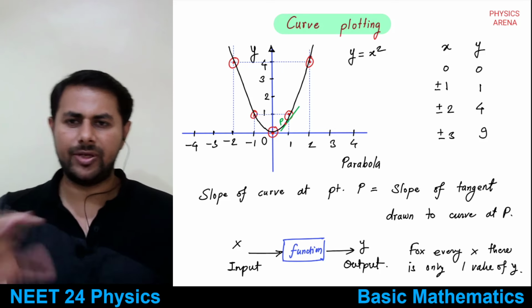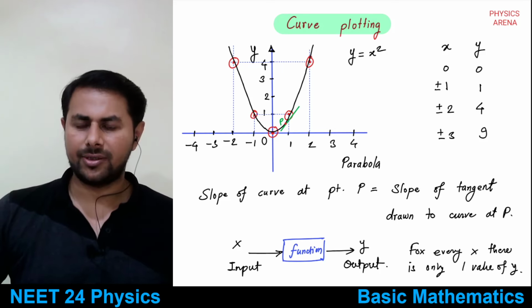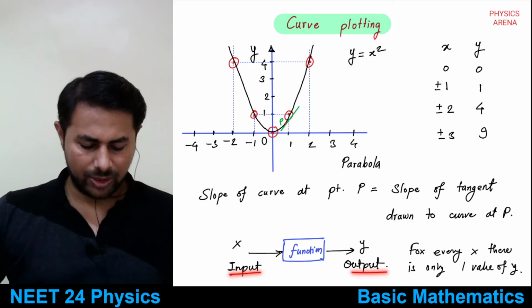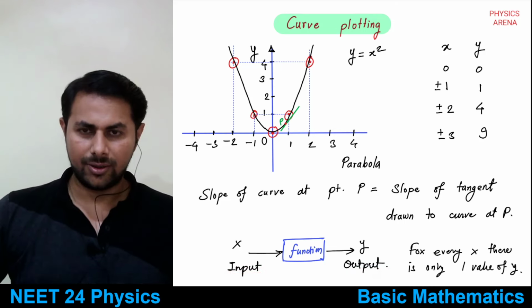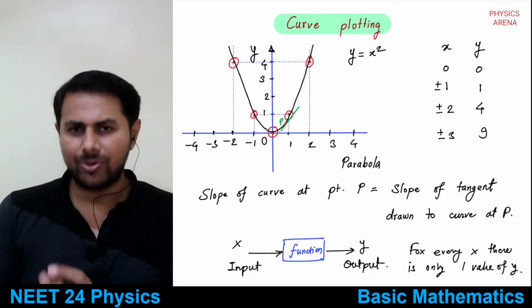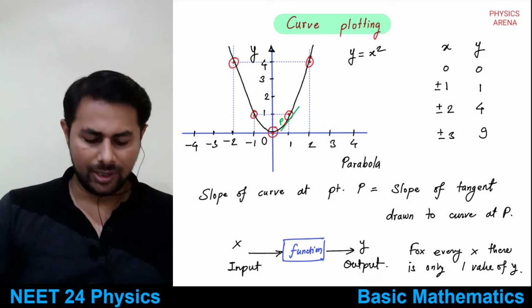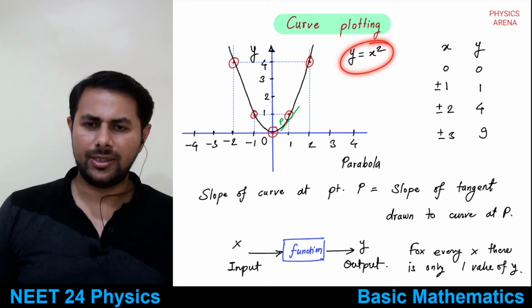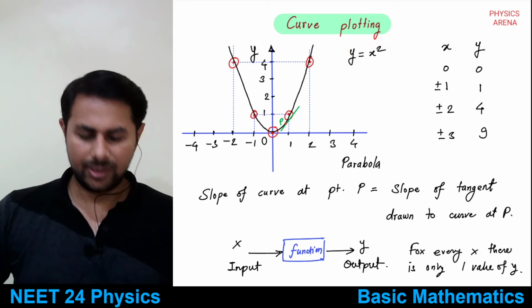That is the relation between x and y. So what is a function? A function is an input-output relation. For each input you get only one output, then that relation is known as a function. This thing is clear? Yes, no?